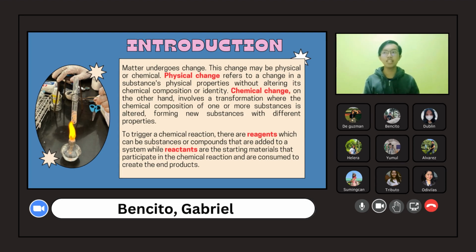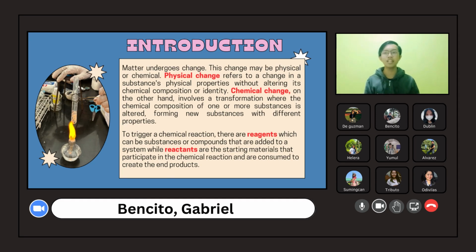A physical change refers to a change in a substance's physical properties without altering its chemical composition or identity. During a physical change, the arrangement, shape, size, or state of matter may change, but the fundamental chemical structure of the substance remains the same.